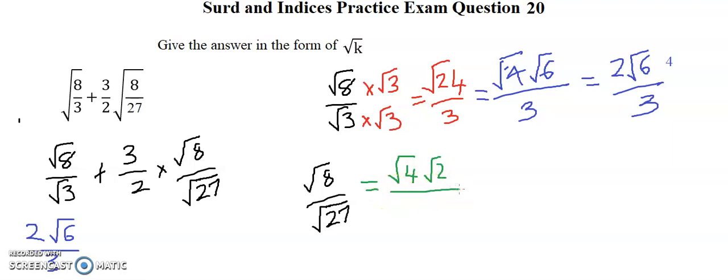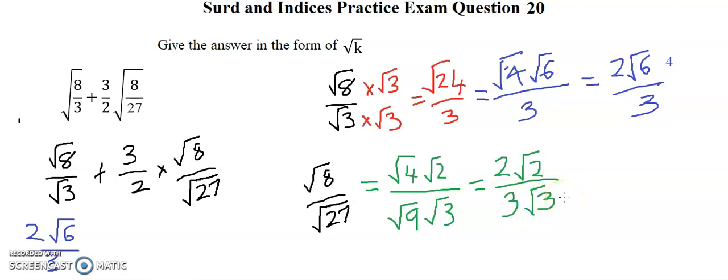A square factor of 27 is 9. So I can rewrite this as square root of 9 times square root of 3, because 9 times 3 is 27. So we know the square root of 4 is 2. So it becomes 2 square root of 2 over square root of 9, which is 3. So it becomes 3 square root of 3.